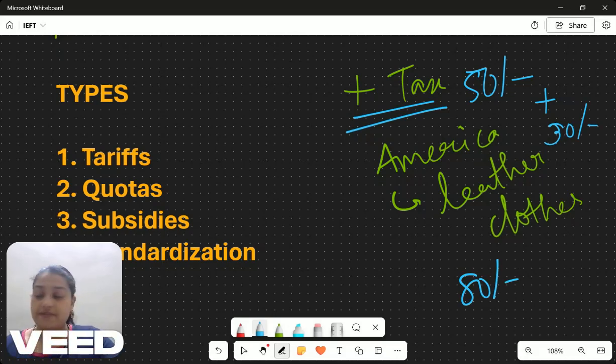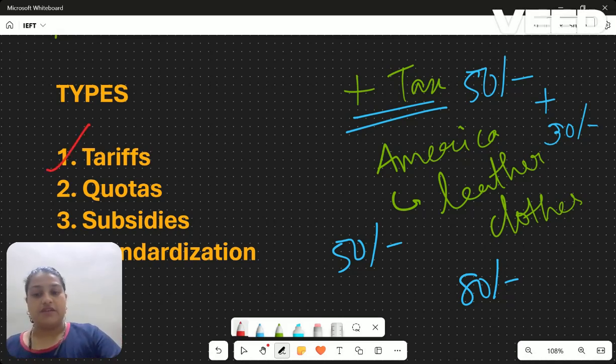If an Indian customer wants to purchase that cloth, he will have to give 80 rupees. At the same time, if the customer is buying a product that is made domestically, in our industry, then he will only have to pay 50 rupees or 40 rupees. So their 30 rupees is extra. So people will automatically shift or prefer the domestic industry. So that is the basic idea of tariffs.